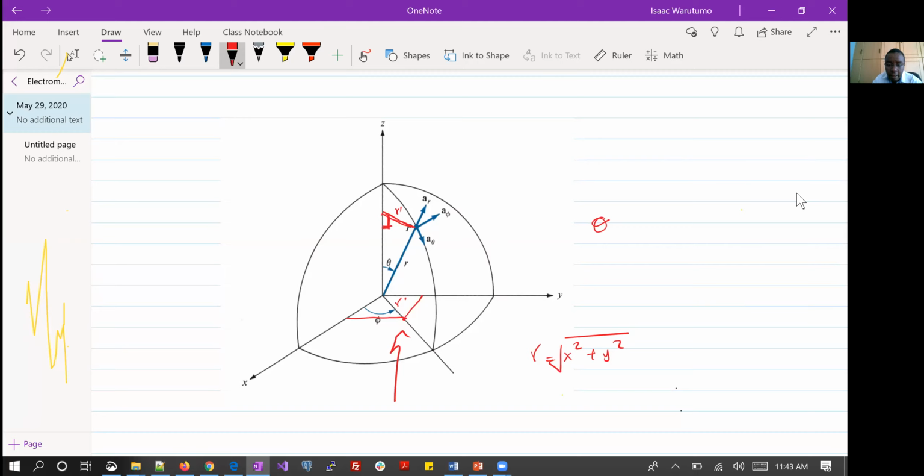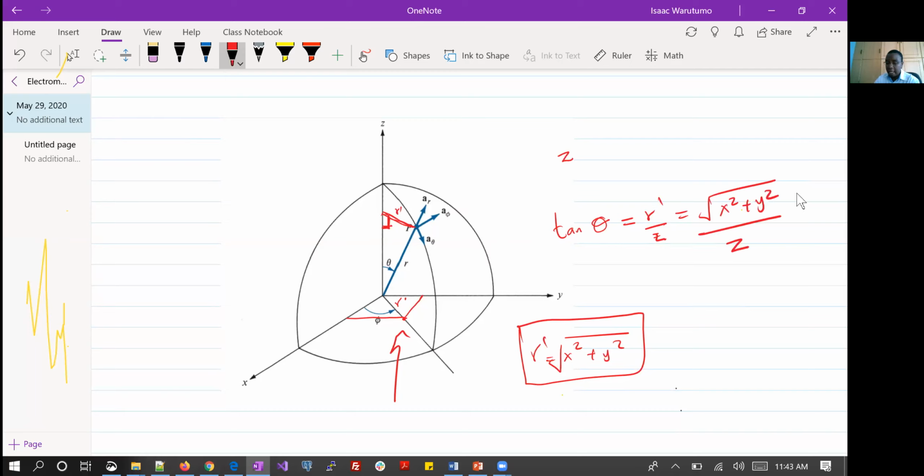tan of theta is going to be equal to opposite, which is R prime, divided by Z, which is the adjacent. And because we have already found this R prime, we simply say it is equal to the square root of x squared plus y squared, divided by Z. So that is how you would get theta.